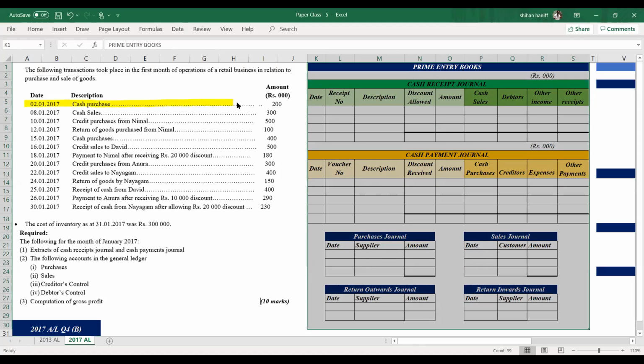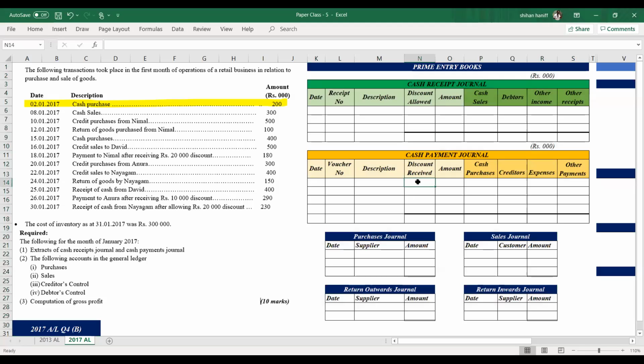2nd of January, cash purchases 200,000. Right. So purchasing, it's cash payment. 2nd of January, voucher number, let's take it as 1. This is cash purchases. Amount is 200,000. We are preparing in thousands. So it comes under the cash purchases column.